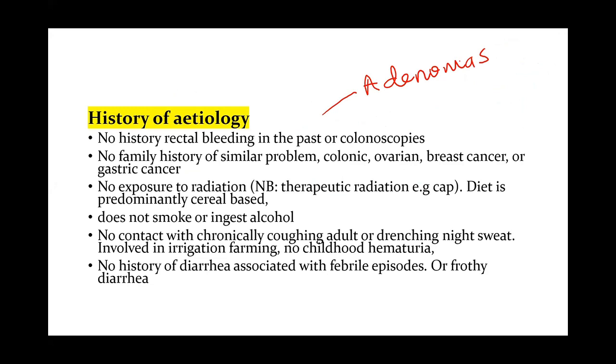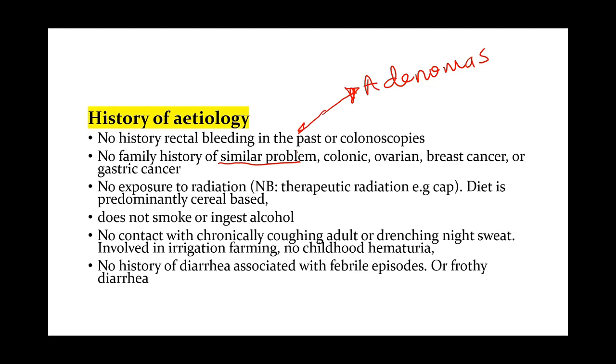This may warrant frequent colonoscopy for diagnosis and biopsy to confirm that they have benign lesions. No history of rectal bleeding or colonoscopies in the past. When you hear such things, you are looking for what? History of adenomas, okay?